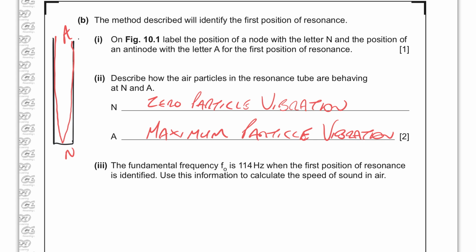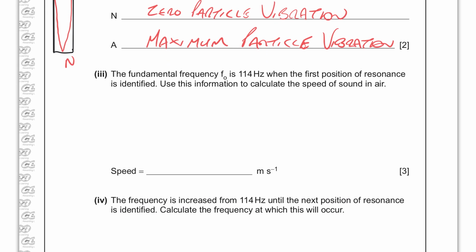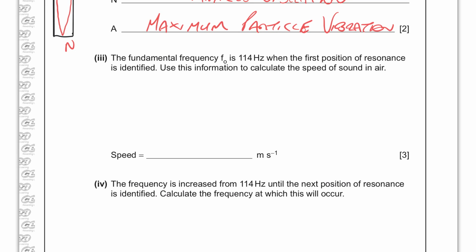Part 3 then. The fundamental frequency F0 is 114 Hz, and when the first position of resonance is identified, use this information to calculate the speed of sound in air. Okay, so we know the details of that tube, and we know this frequency.